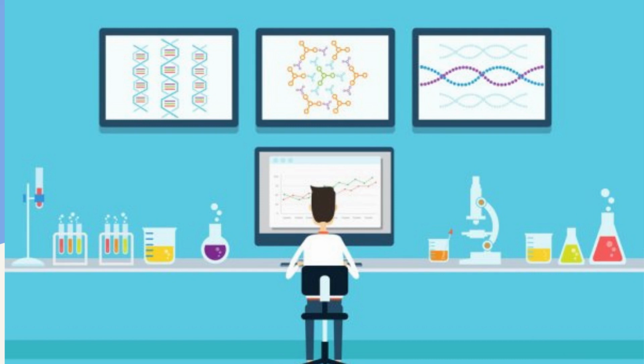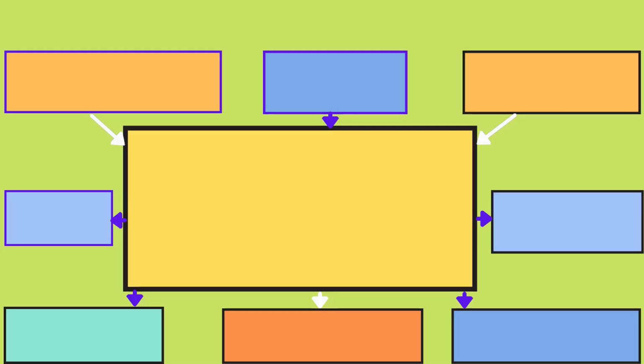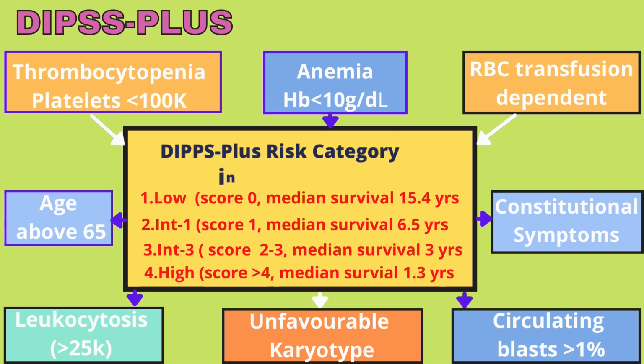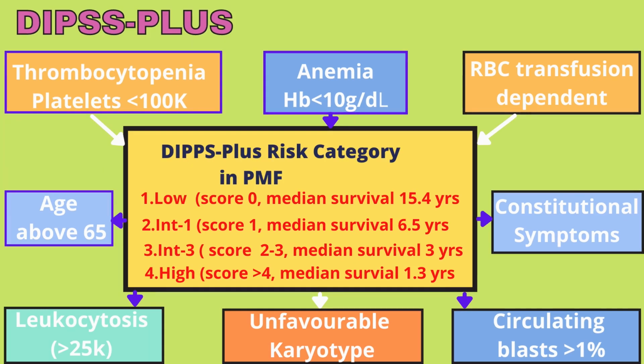The Dynamic International Prognostic Scoring System Plus, that is DIPSS Plus, has given certain adverse factors for risk stratification and prognostication, and these include thrombocytopenia with platelets less than 1 lakh, anemia with hemoglobin less than 10 gram per deciliter, RBC transfusion, then presence of constitutional symptoms, circulating blasts greater than 1%, presence of unfavorable karyotype, leukocytosis with leukocyte count greater than 25,000, and age greater than 65.